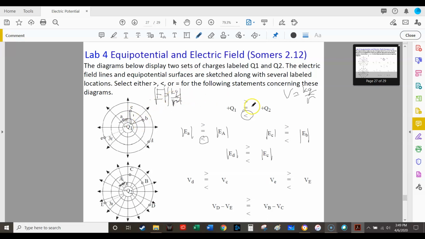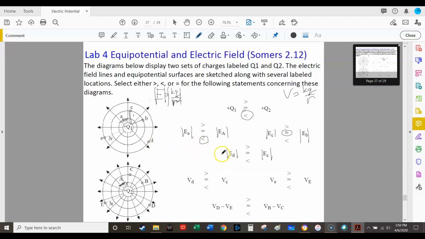So what that tells me is that the electric field strength there is equal to the electric field strength at B. Since they're equidistant and due to the same charge, the electric fields are going to be equal to each other.